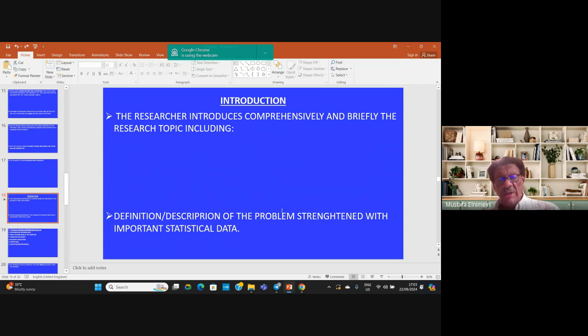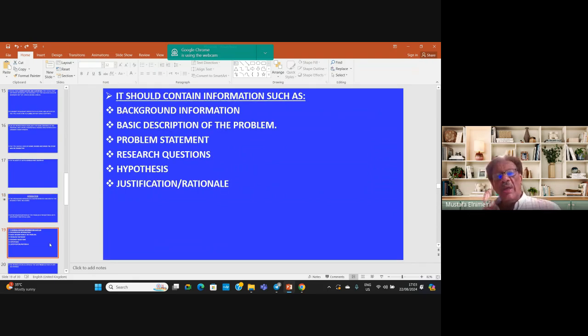the definition, and the description of the problem is strengthened with important statistical and epidemiological data, for example. In addition, the introduction should contain background information about the topic using updated literature.